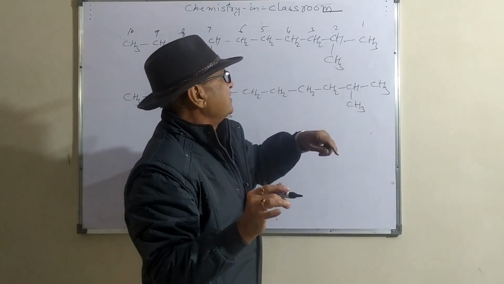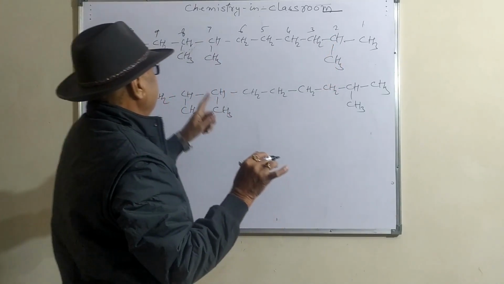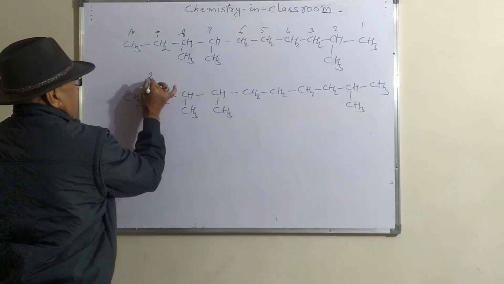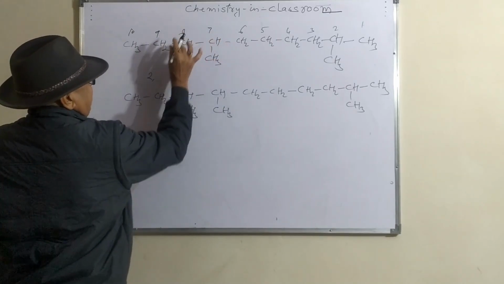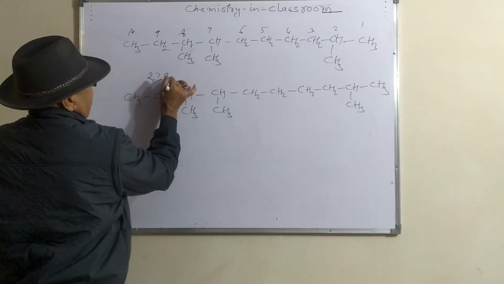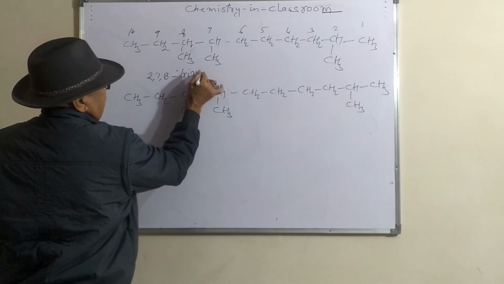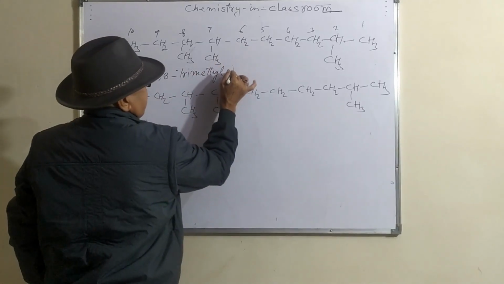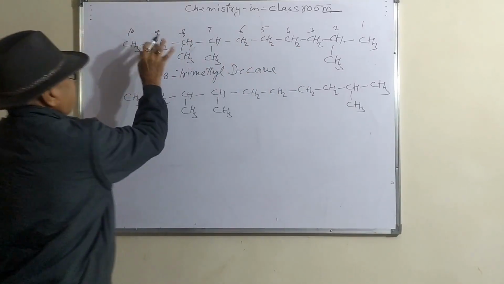because you think that this CH3 has the lowest number, because it is nearest to the end, so the CH3 is awarded 2. Then the name of this compound will be 2, 7 and 8 trimethyl decane, because there are 10 carbon atoms.